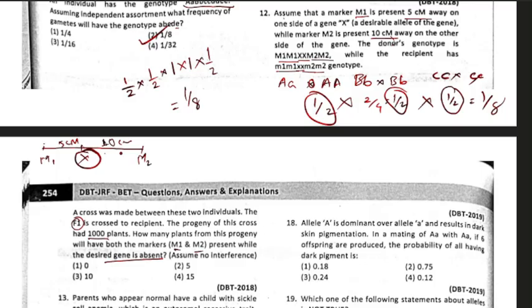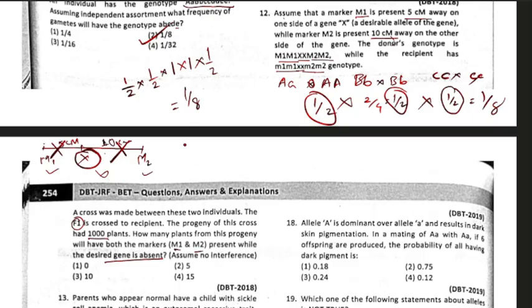This could only happen if a double crossover is present. So here is one crossover and here is one crossover. Only then does it happen that the markers are present but the gene is not present.